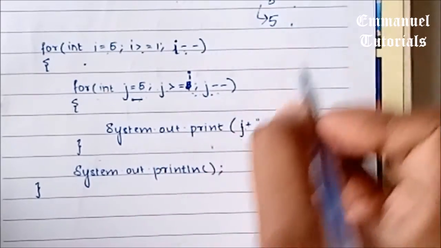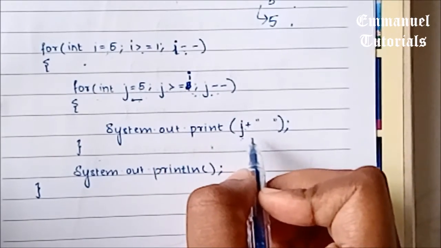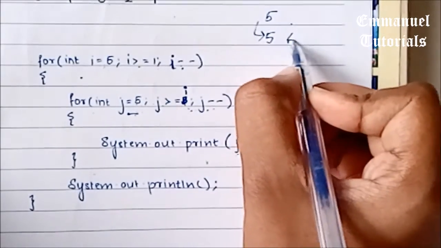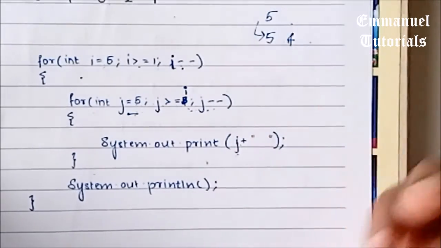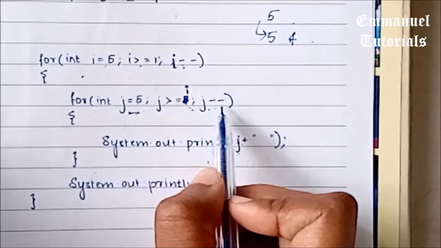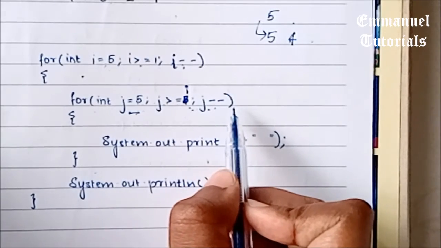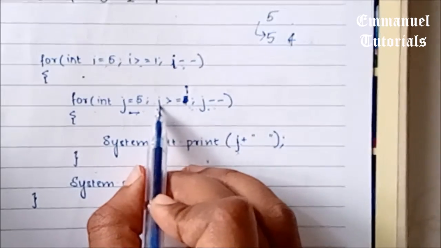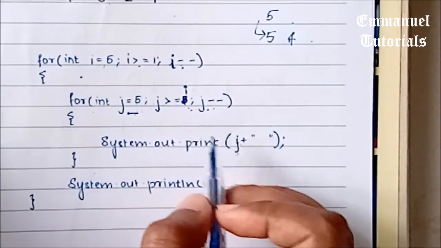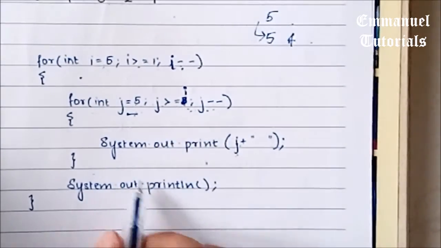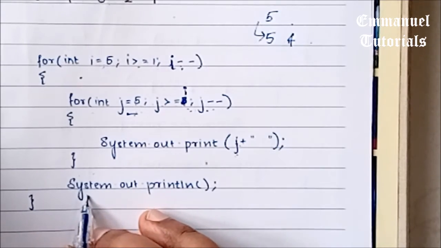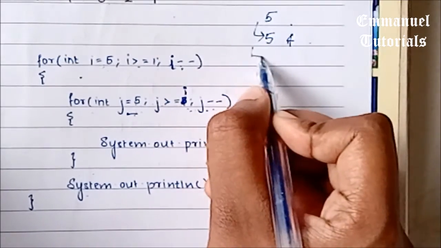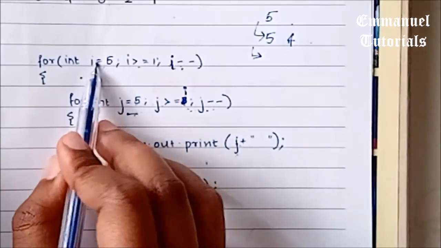So it comes inside and it prints J. The current value of J is 4. It will print the value and it will print a space. Again J gets decremented, which becomes 3. I is 4, J is 3. 3 is not greater than or equal to 4. So the condition becomes false. It comes out of the inner for loop. It prints a new line and then it goes back to the outer for loop.